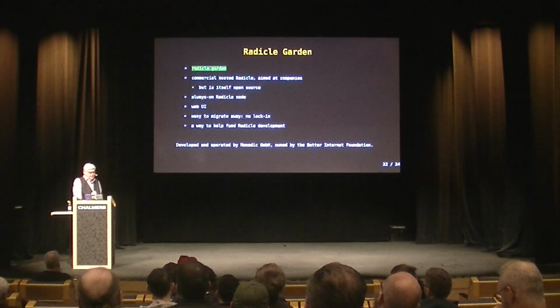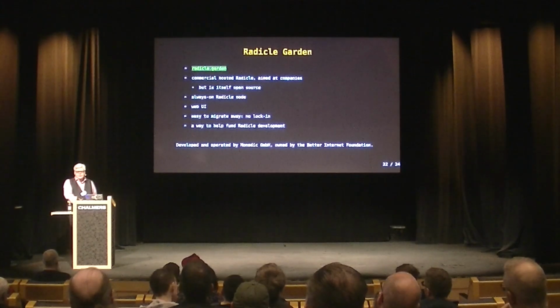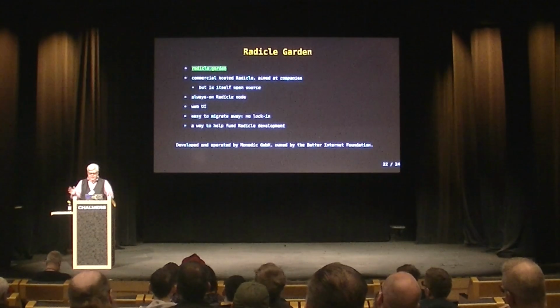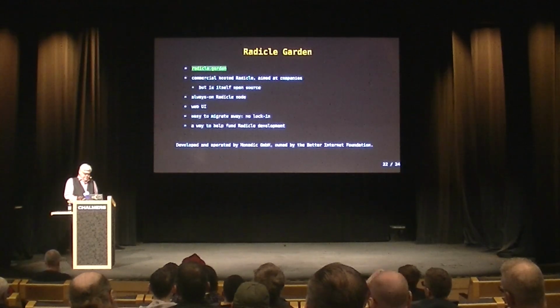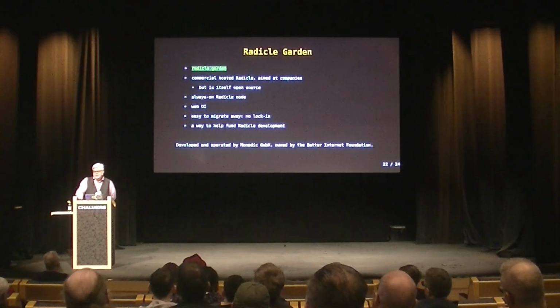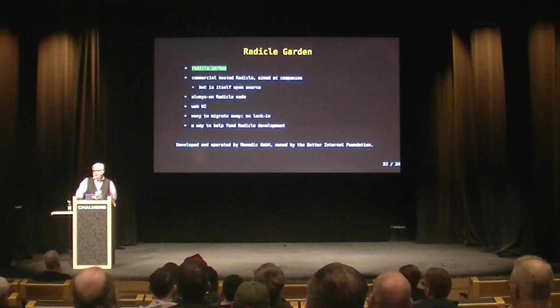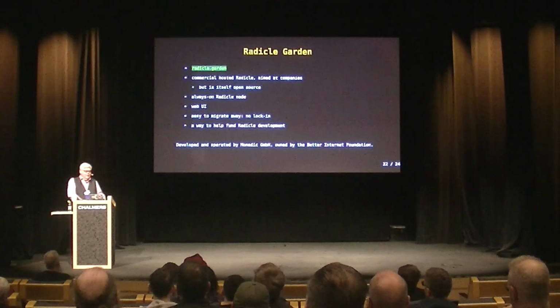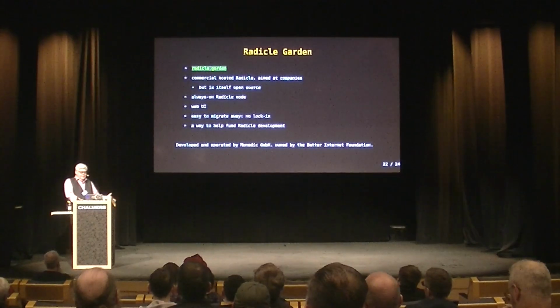The purpose of Radicle.garden is to provide an always-on Radicle node and eventually provide CI there. The audience for this is mainly companies who would be willing to pay €5 a month rather than pay an employee to figure this out and set it up.